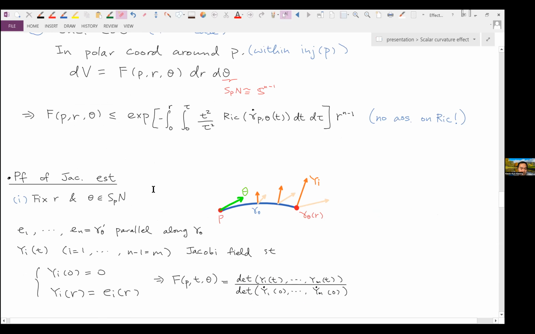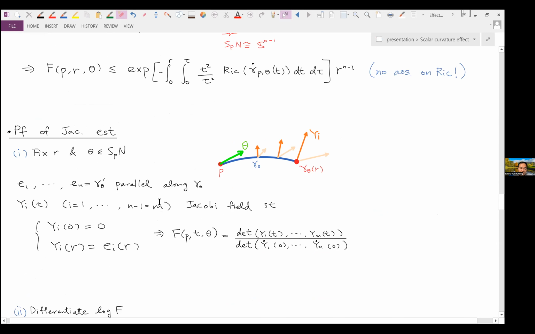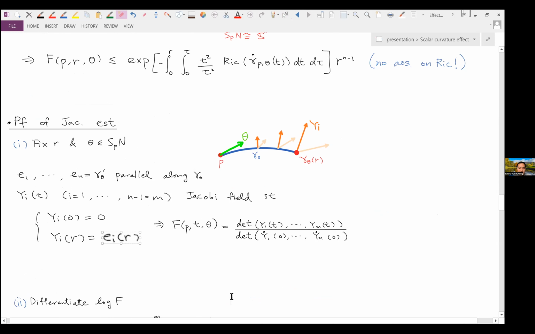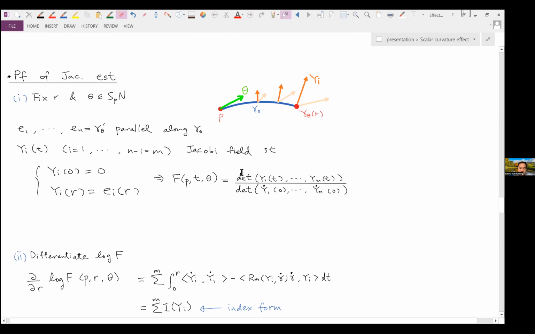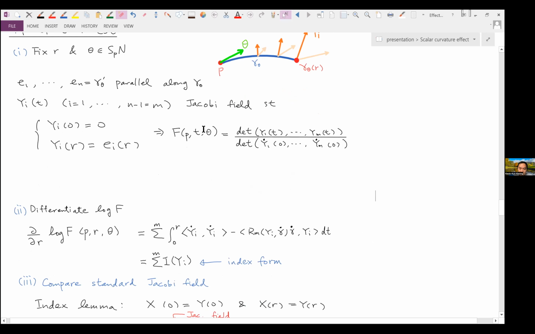So, outline of the proof. If we have again a geodesic starting from P and shooting in the direction of theta initially, we take a certain orthonormal frame E_i, i from 1 to n, and then we take the Jacobi field Y_i such that at the endpoint it is exactly E_i. There are n minus 1 of them. Why do we care about the Jacobi fields? Because we can use them to compute the Jacobian. It turns out the Jacobian is basically the determinant of all those Jacobi fields, normalized by the initial velocity.